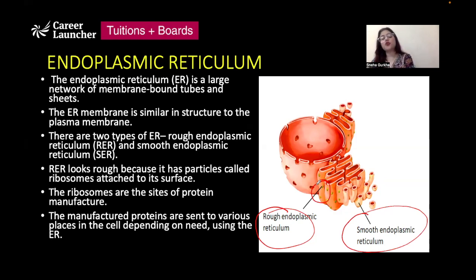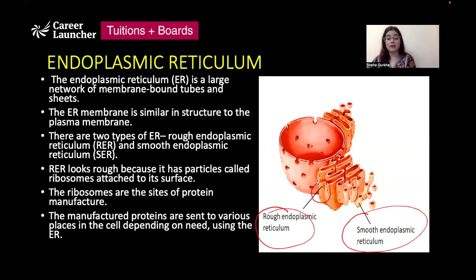And smooth endoplasmic reticulum does not have any ribosomes attached to its surface, because of which it appears smooth. Ribosomes are particles, structures associated with protein synthesis. So ribosomes are a site for protein synthesis.